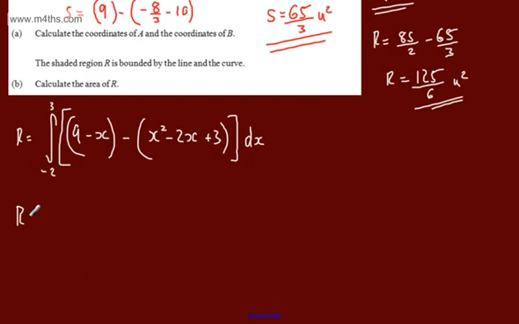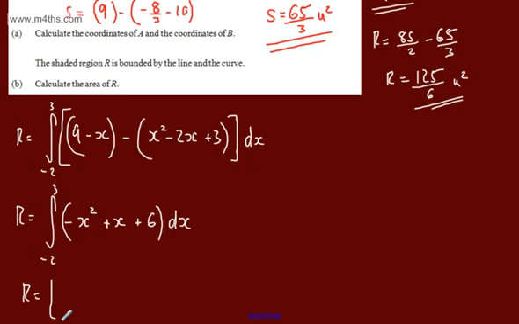So what we've got then, R will be equal to the integral from negative 2 to 3. So I'm going to have minus x squared. So putting these now in descending powers of x, then I'm going to have now 2x minus x, which is going to give me plus x. If I now consider I've got minus 3 and 9, that's going to give me plus 6. So all I'm going to do is integrate this and then put through the limits.